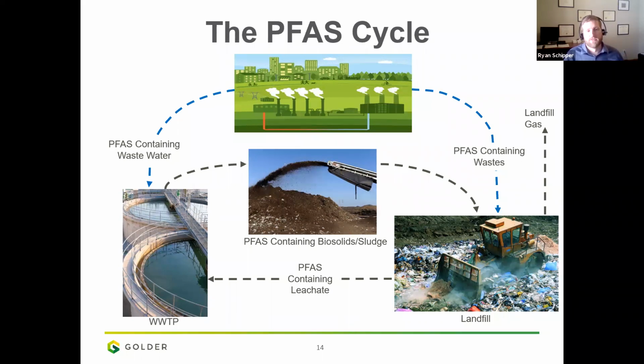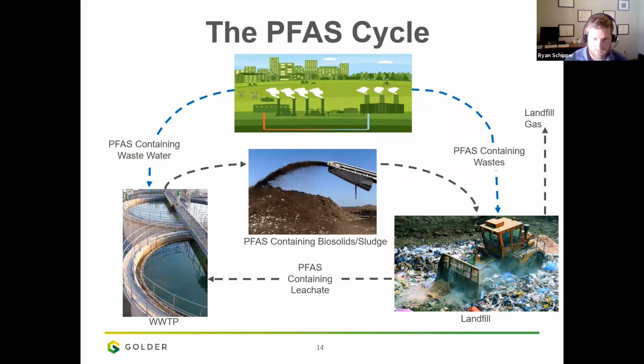The biosolids and sludge produced from the wastewater treatment plant can either be disposed of directly in the landfill or, in some cases, land applied. There are obvious concerns with both of those. We also have other inputs into the landfill, which would be PFAS containing waste or byproducts. At the end of their useful lifetime, these products oftentimes end up in the landfill.